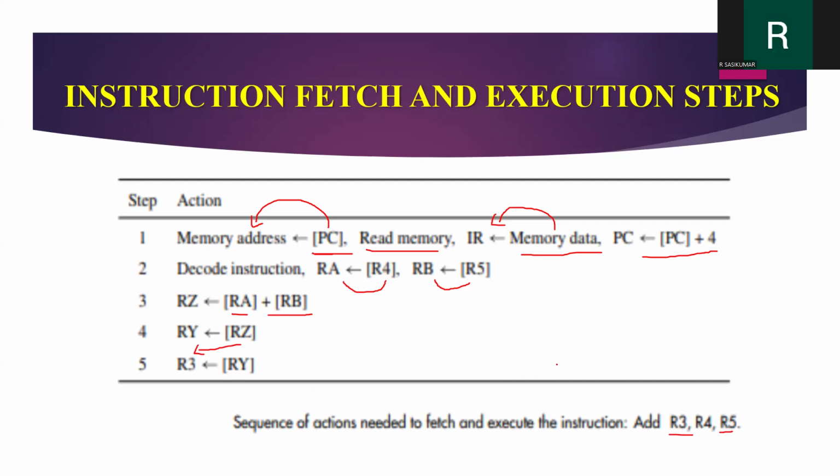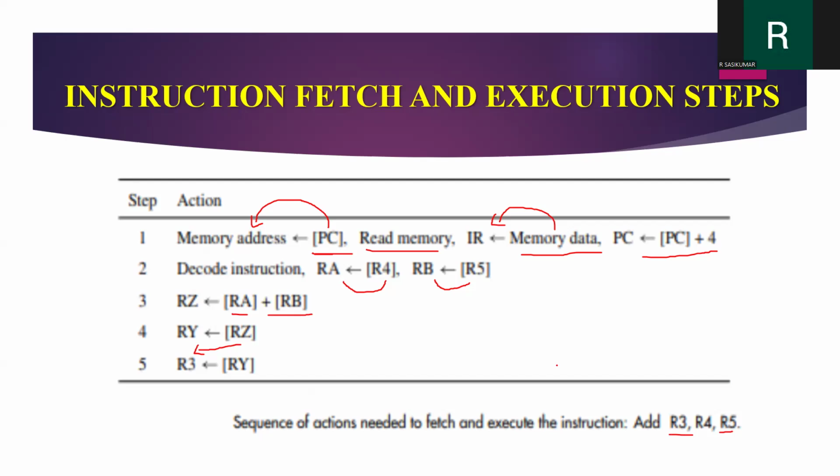The add instruction belongs to the R format. Actually, all R format instructions contain only 4 steps out of 5. Step one is mandatory, step two mandatory, step three also mandatory, step four is not required for this format, and step five is mandatory. That's why the content of RZ is temporarily stored into RY, and again the content of RY is transferred to R3, the destination register.